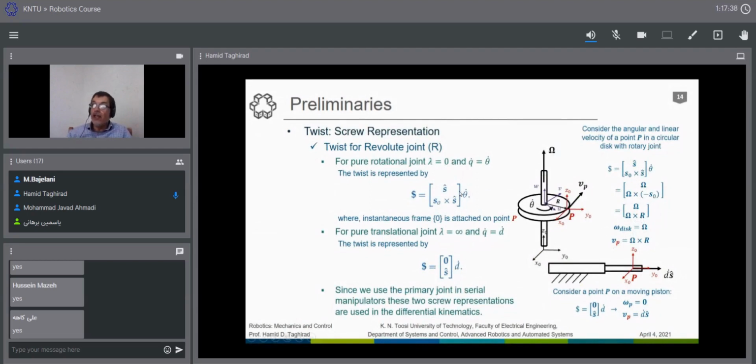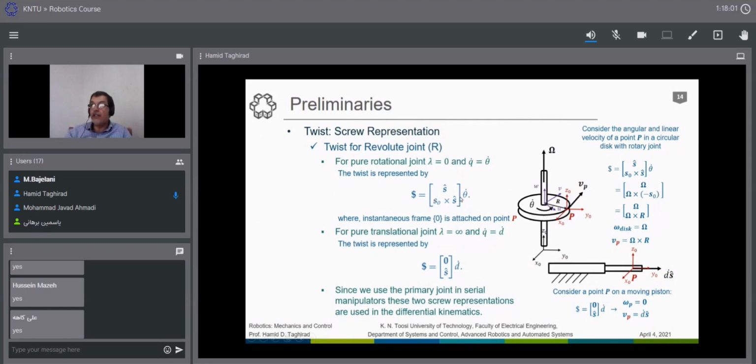So by this definition we have the angular velocity of the disk plus the linear velocity of point P, which is in difference, we can use it as 0. We put the fixed frame on that point P to find this.